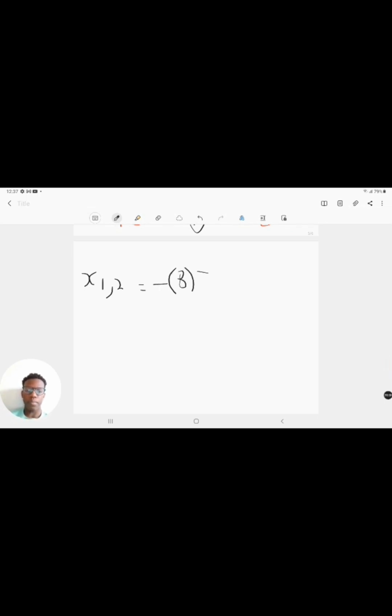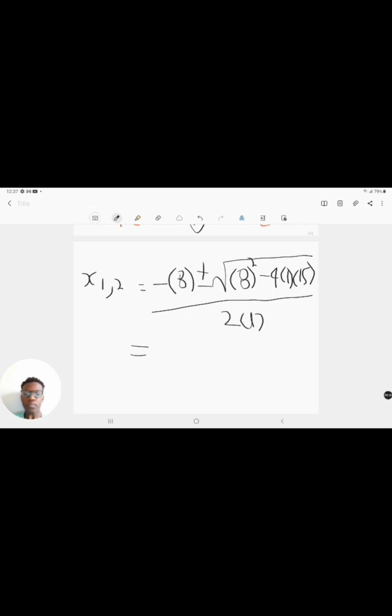x is 8 plus or minus the square root of, we said b is 8, so that's going to be 8 squared minus 4. a is 1, and then 15 is c, all over 2a. 2a is 2, since a is 1.